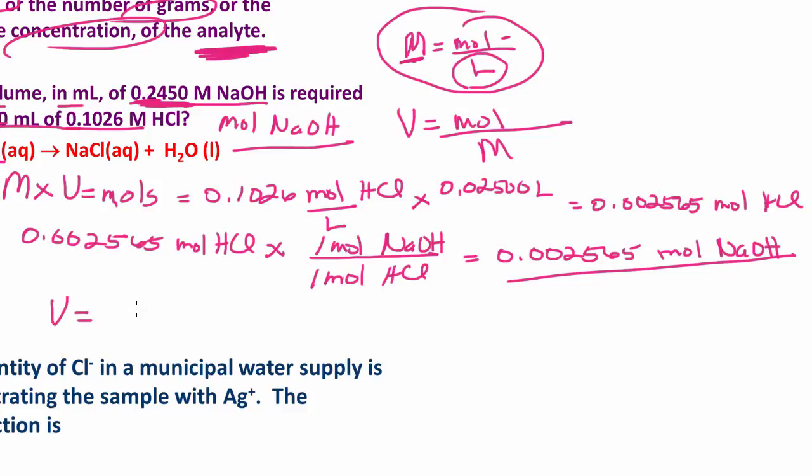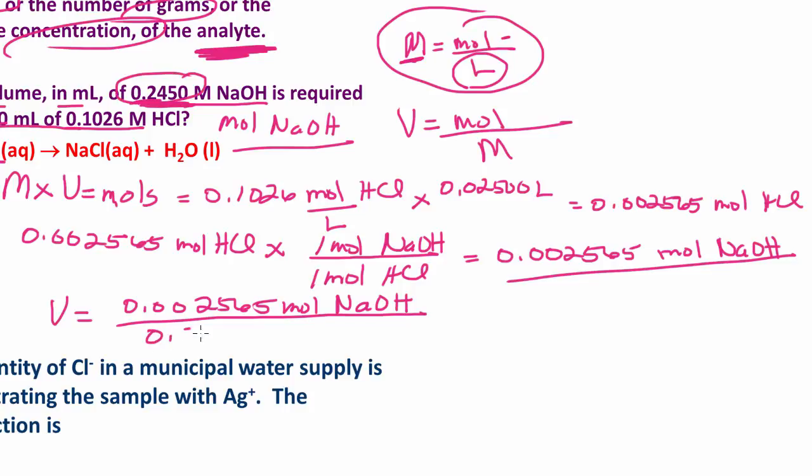So the volume is going to be the 0.002565 moles of sodium hydroxide divided by its molarity, 0.2450, and that's going to be 0.002565 divided by 0.245.